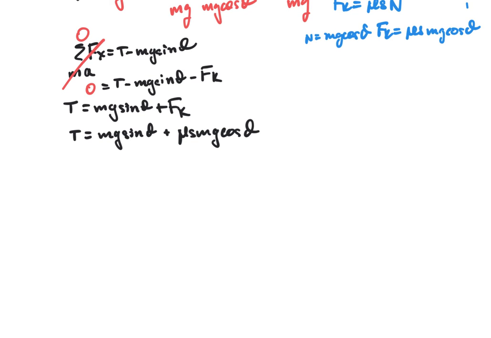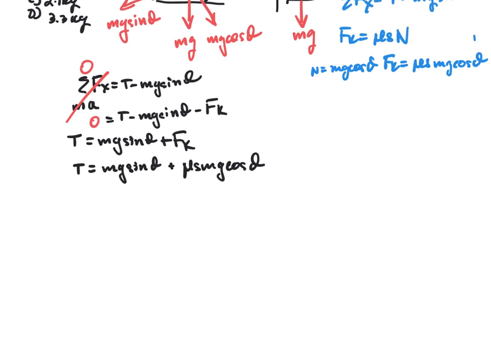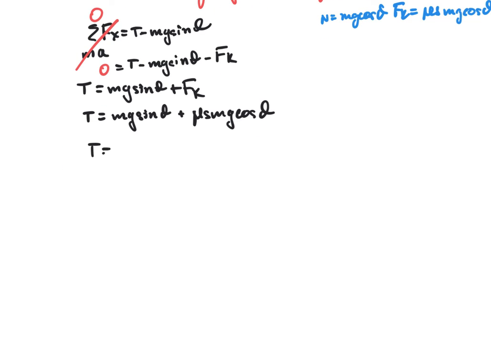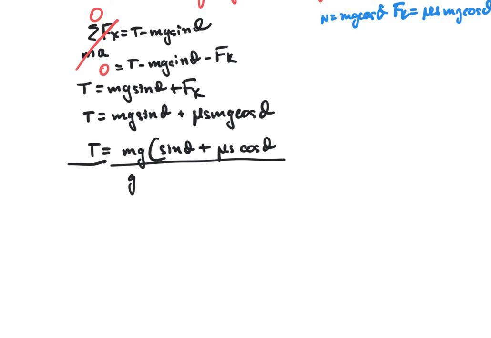So when we solve for m, T equals, we factor out the mg: g times sine theta plus mu static cosine theta. And now we're going to divide by g times sine theta plus mu s cosine theta.